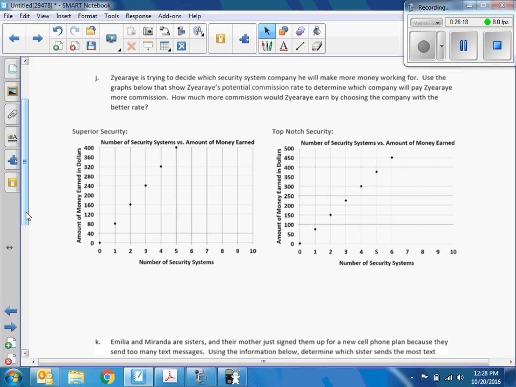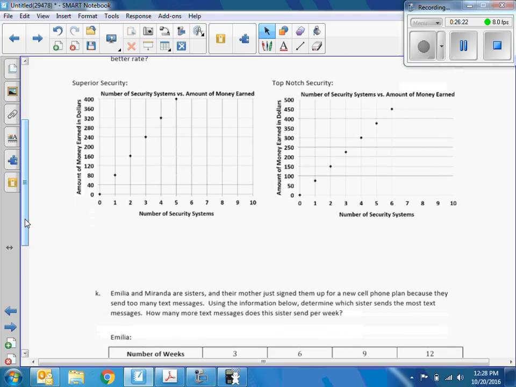All right, now we're comparing two graphs. This is just the same thing with different comparisons. So again, I can just go up to 1. There's that point, and x is 1, y is 80. And then if I come over to this one, go up here, x is halfway between 50 and 100, so that is 75.